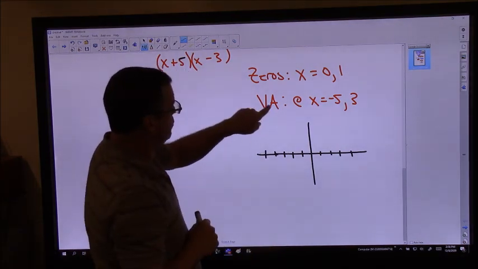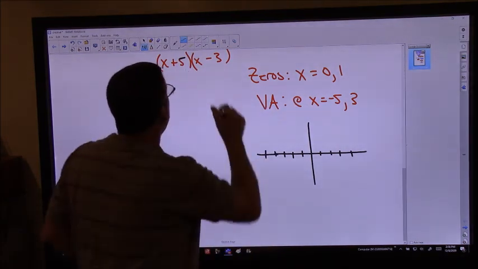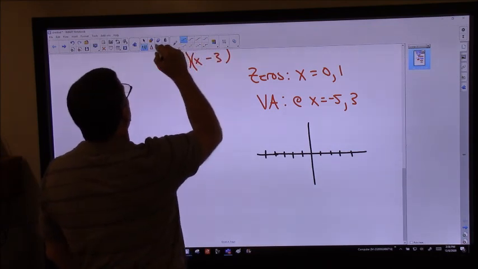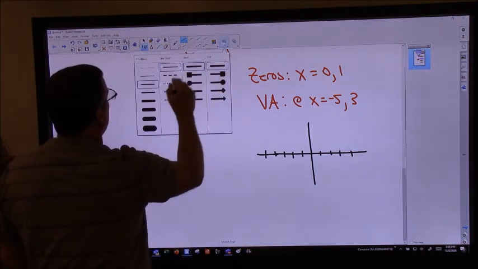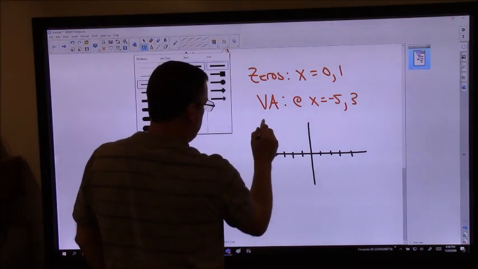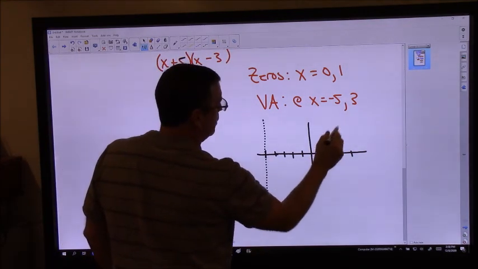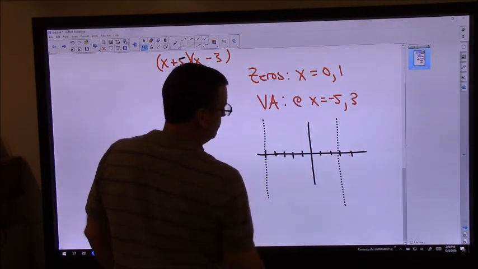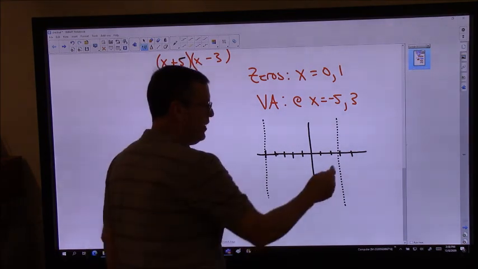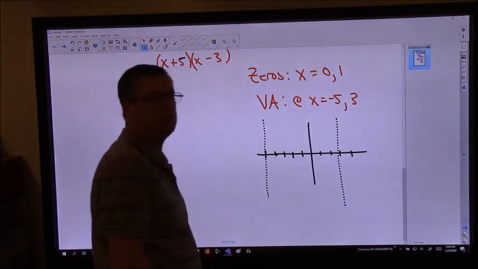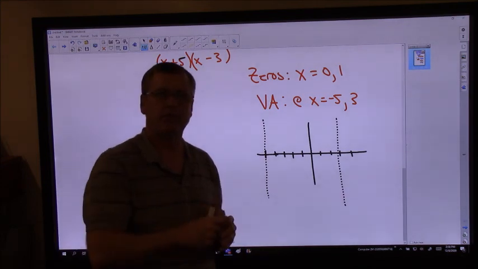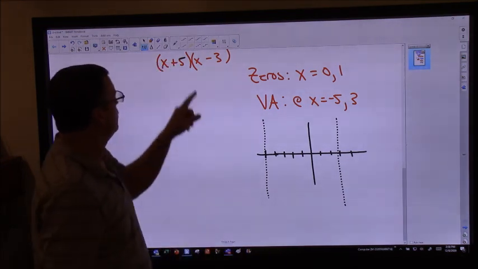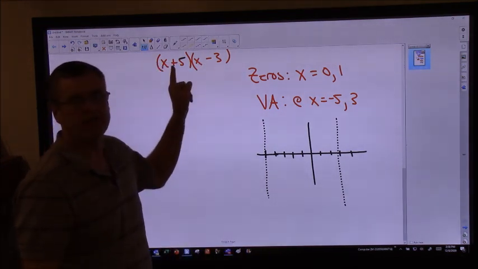When I say that there's a vertical asymptote at x equals -5, what I'm doing, there we go. If I put a dotted line right here and a dotted line at 3, what we're saying is your graph can't touch that line. You can't touch it, because if you do, your denominator will equal 0, and this is undefined.